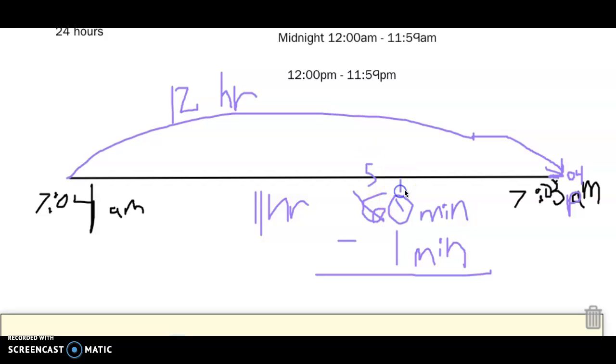We make this a 10. 10 minus 1 is 9, and 5 minus 0 is 5. So I'd bring down my hours because I'm not subtracting any hours: 11 hours and 59 minutes. Whew! Almost 12 hours, right? If I added 1 more minute, this would be 60 minutes, and boom, we could go right over to 12 hours. So let's record this in our math journal, page 23.